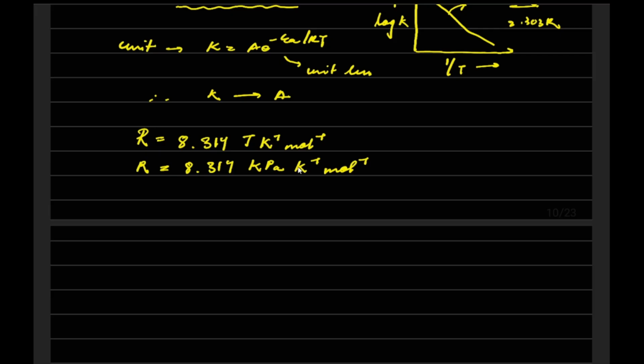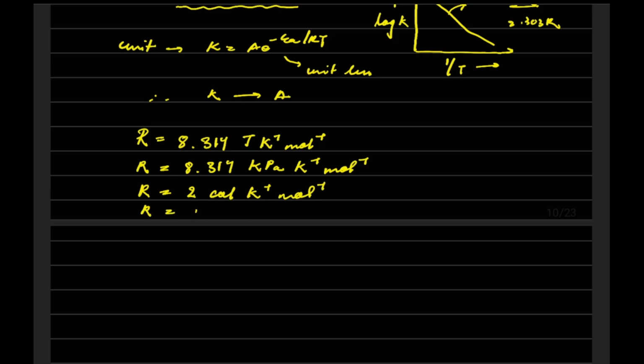Do not get confused between this K and this. This is kilo, that is 10 to the power 3 Pascal, and this is Kelvin, that is temperature's unit. Then R is equals to 2 calorie Kelvin inverse mole inverse.